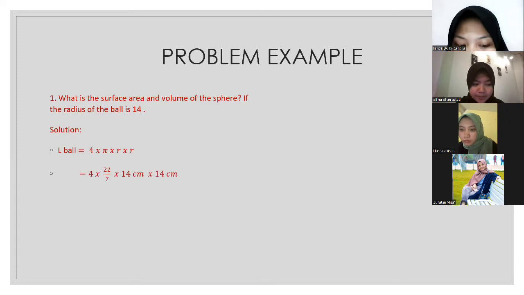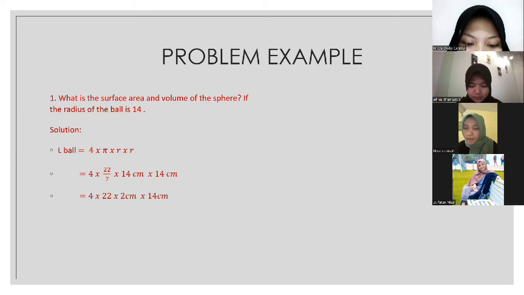Permission to answer, ma'am. Yes, Vina. Using pi 22/7 because 14 is a multiple of 7. Okay, good job, Vina. Thank you. We can cross out 7 and 14. So it becomes 4 multiplied by 22 multiplied by 2 multiplied by 14. Try to calculate the result. The result is 2,464 centimeters squared.